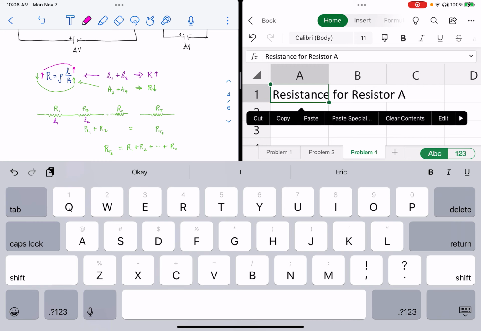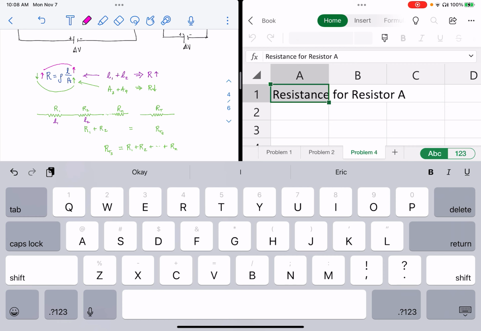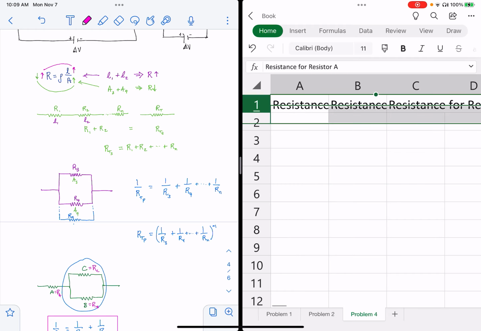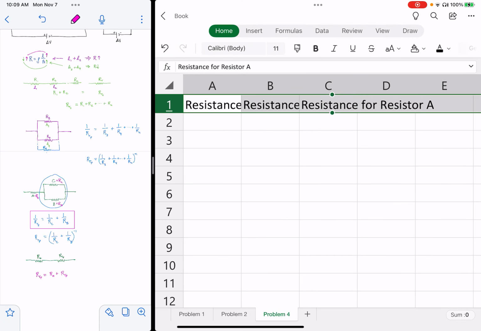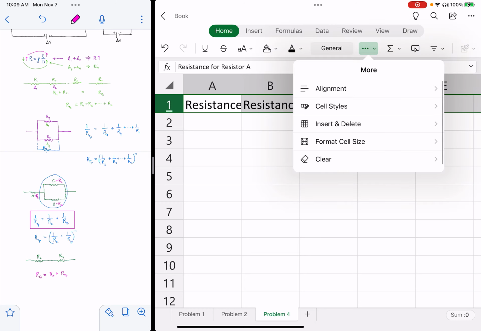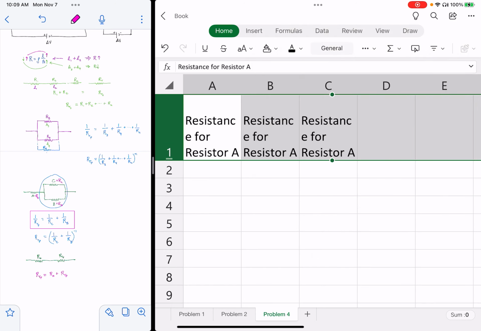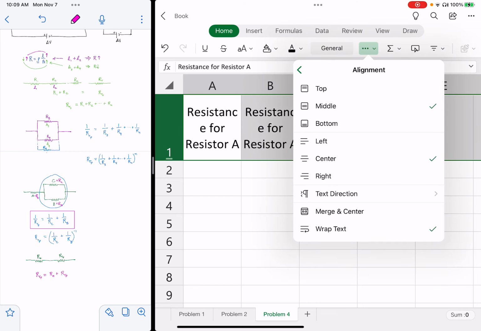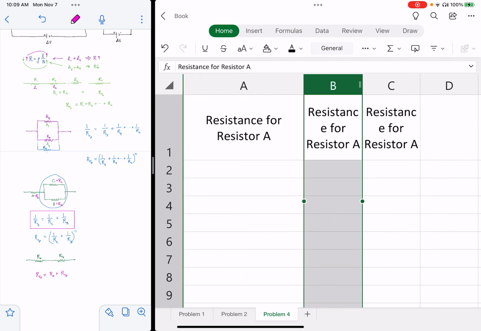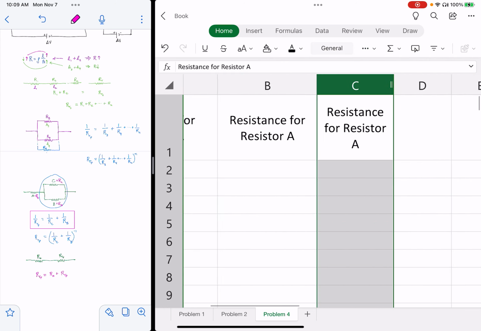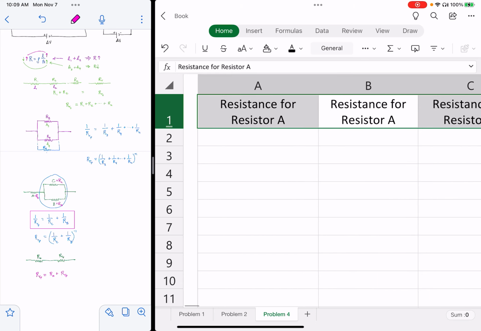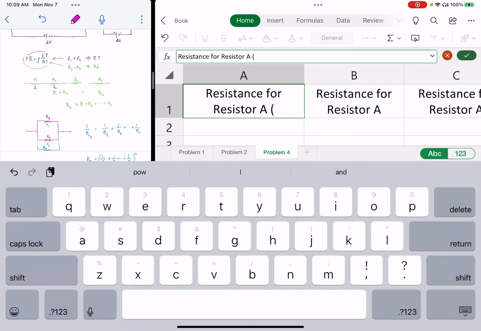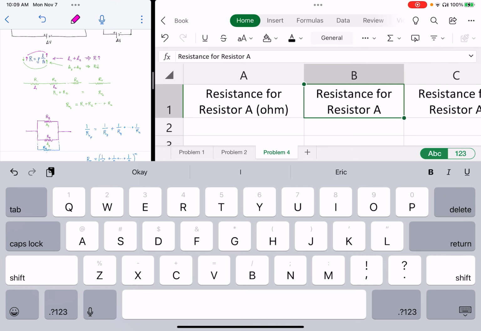I'm going to fill this over, and whether you do it on the iPad or the desktop, I am going to wrap the text, and then I want to middle as well as center it. Let's make it readable. I've left off my units, which is a major no-no.